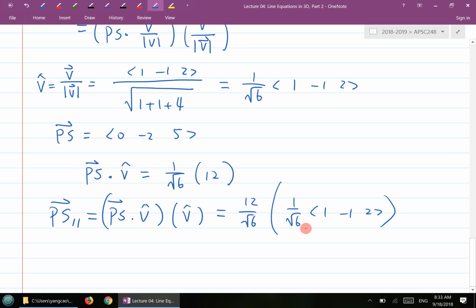Root 6 times root 6 is 6, then 12 divided by 6 is 2. So 2 times 1, negative 1, 2 is 2, negative 2, 4. That's your PS parallel.